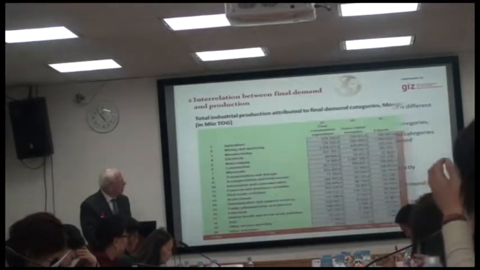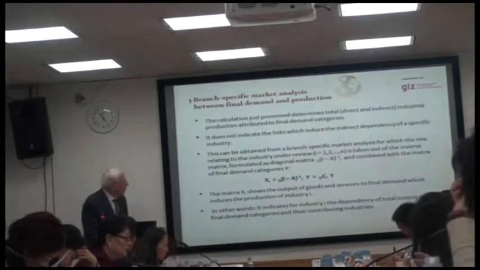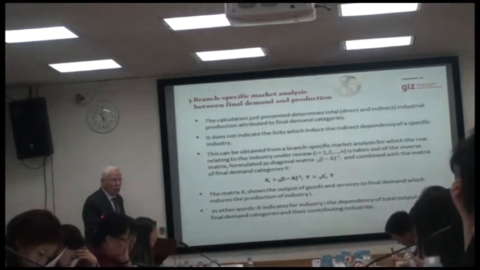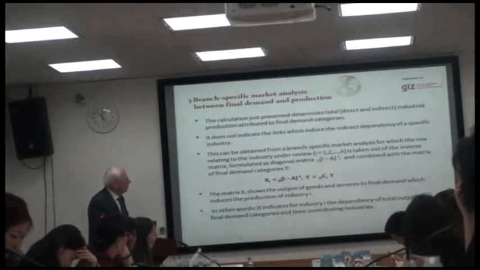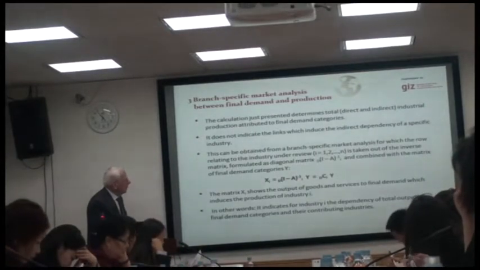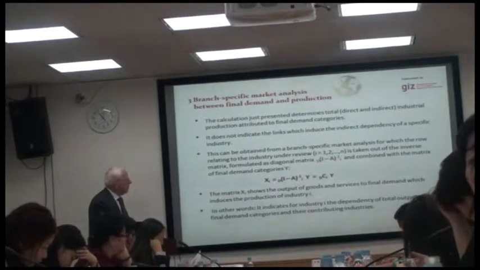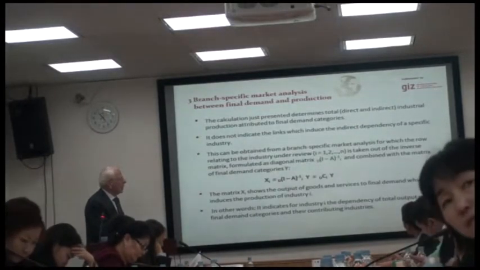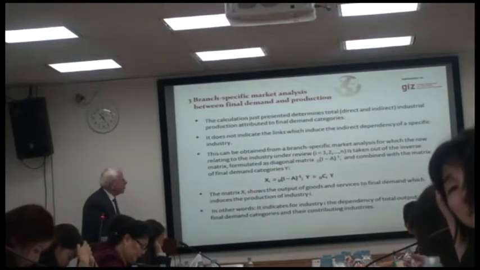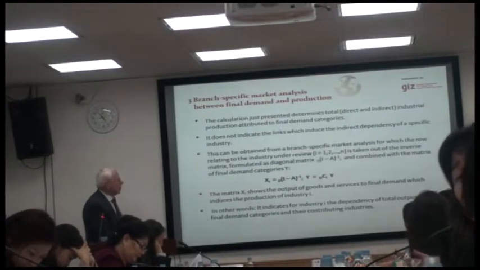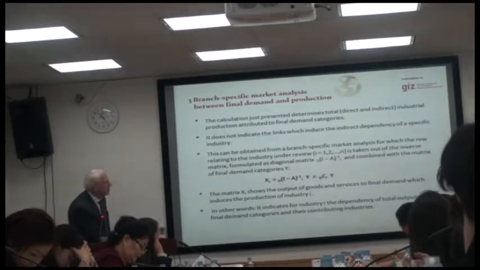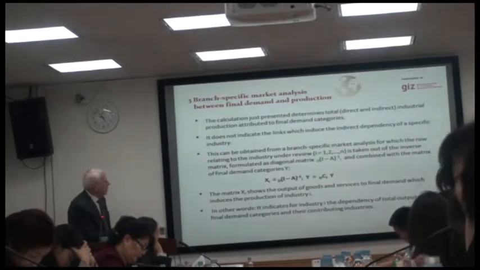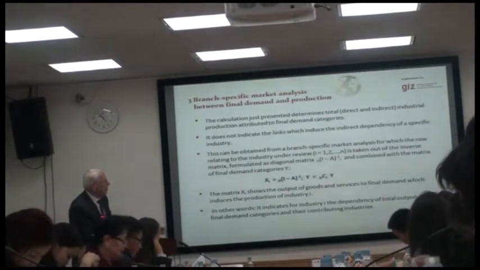What we have now, we have Xi, one row, we have D also for i, this D means the diagonal matrix, and we have Y. So we have Di multiplied with Y. The matrix Xi shows the output of goods and services to final demand which induces the production of industry i.